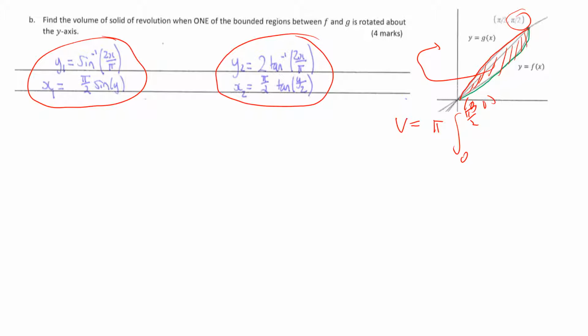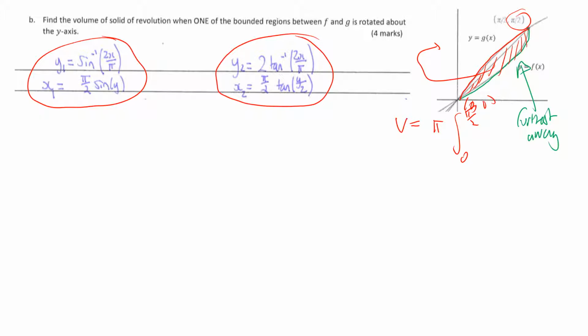But it's going to be my x as a function. Here's my outer function. This one is furthest away from the axis of rotation. So it's that one squared minus the one closest to the axis of rotation squared.